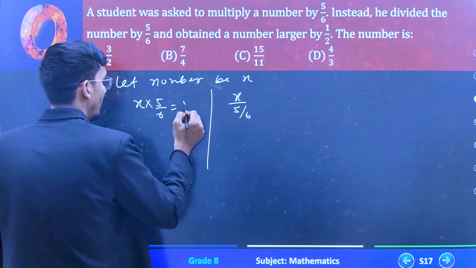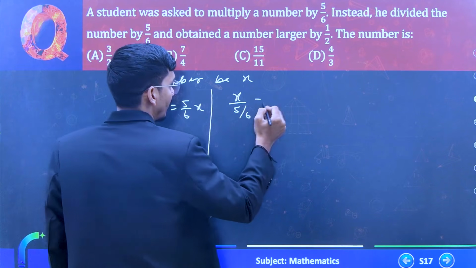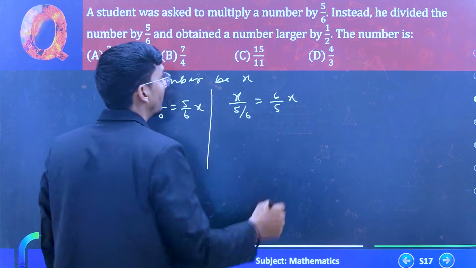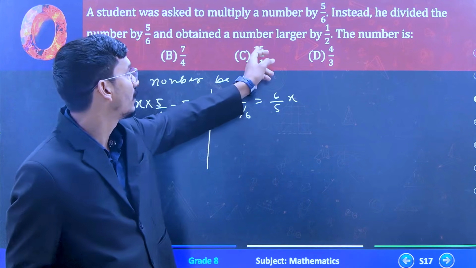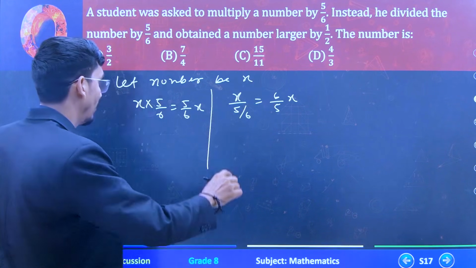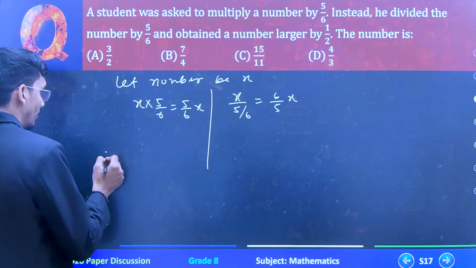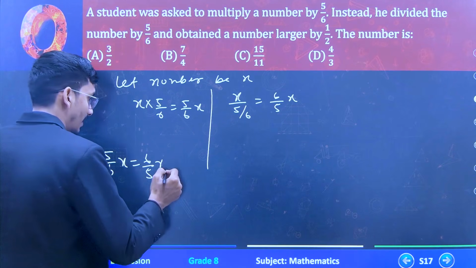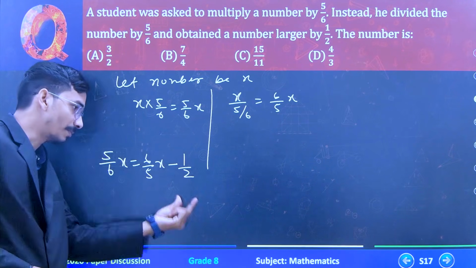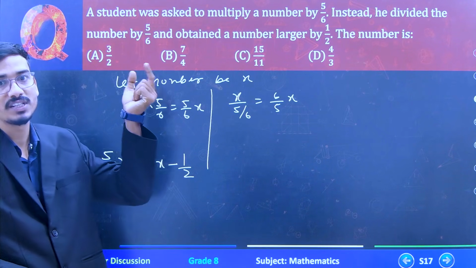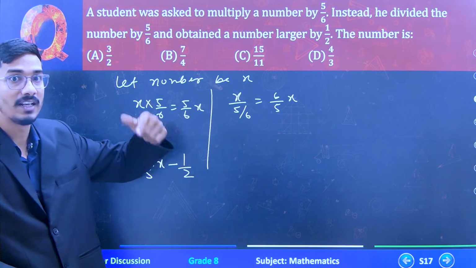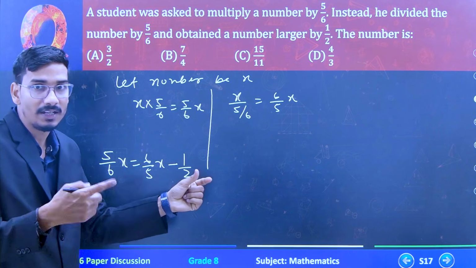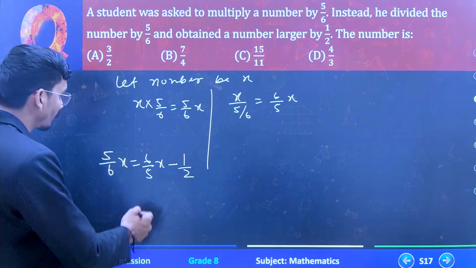So this is 5 by 6x and this is 6 by 5x. And the obtained number is larger by 1 by 2. In the previous question smaller, in this case larger. In case of smaller I am adding, in case of larger I am subtracting.